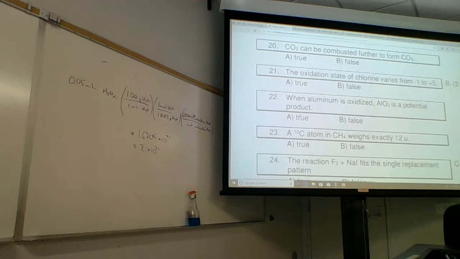Yeah, -1 to +7. When aluminum is oxidized, AlO2 is a potential product. False. AlO2 is not a potential product.